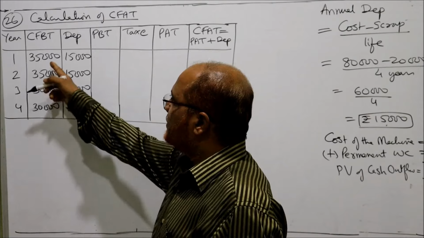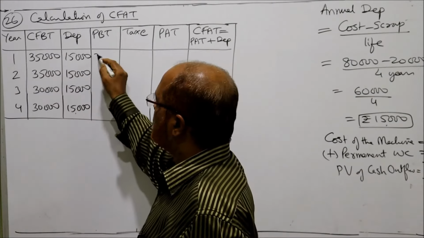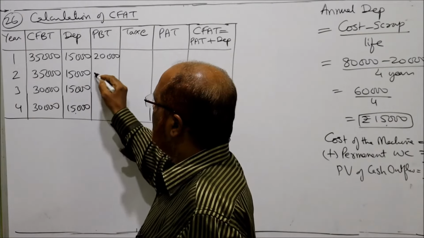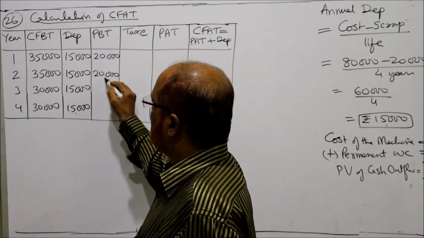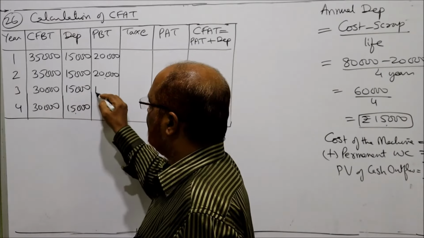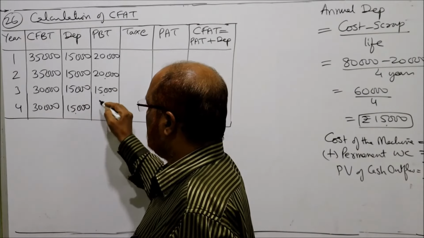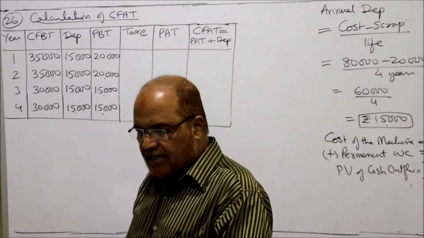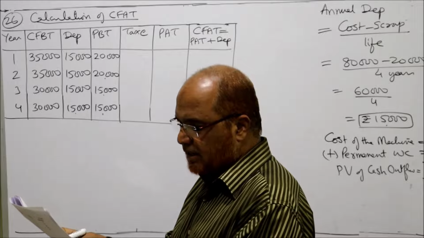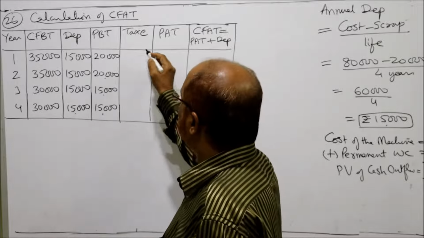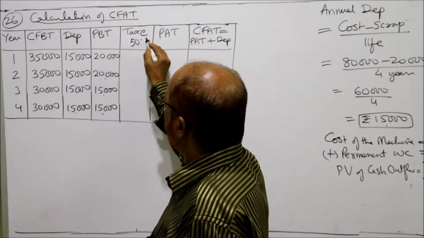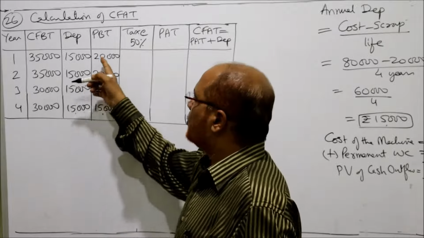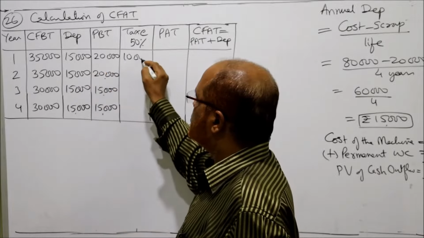Now subtract 35,000 minus 15,000, 20,000. Here also 20,000. Here 30 minus 15, 15,000. Here also 15,000. Now PBT we got. Tax at the rate given in the problem, the income tax rate is 50%. So 20,000, 50%, 10,000.